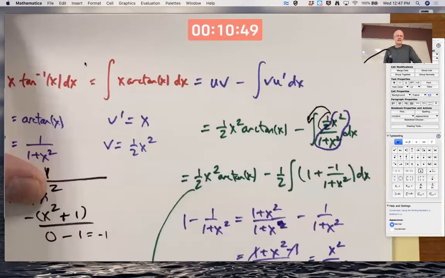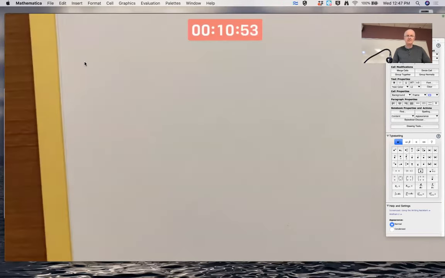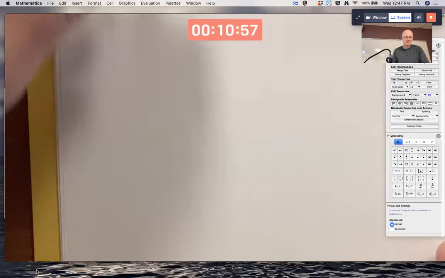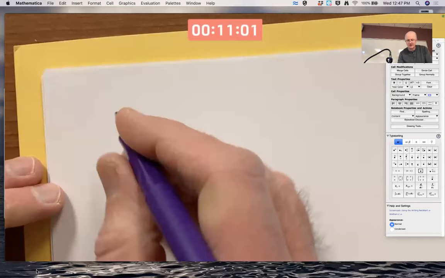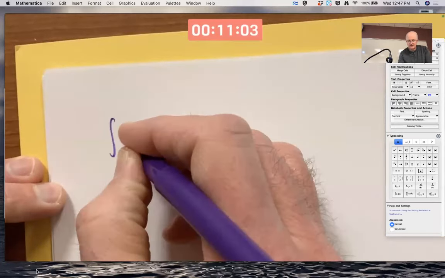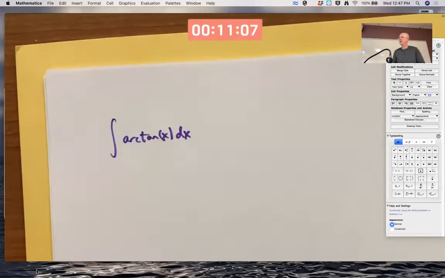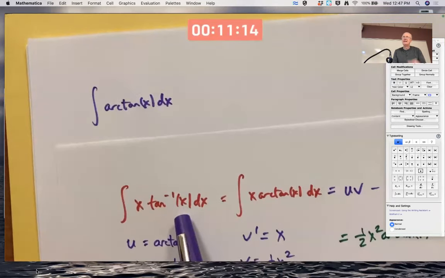Let's do actually an easier integration by parts example. Just integrating arctangent. It's ultimately easier, though it seems trickier at first. And again, I could call that inverse tangent as well. By the way, when you write an inverse tangent like that, it does not mean tangent to the -1 power.